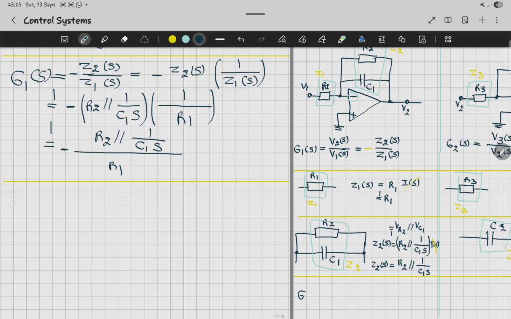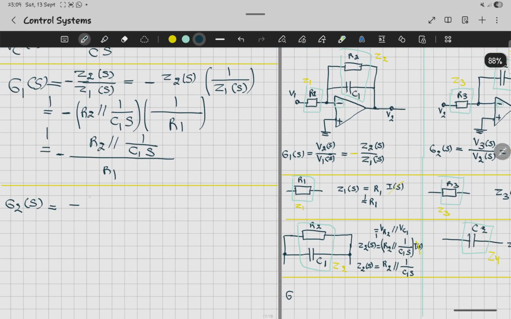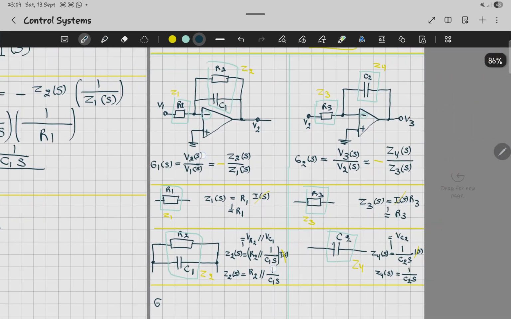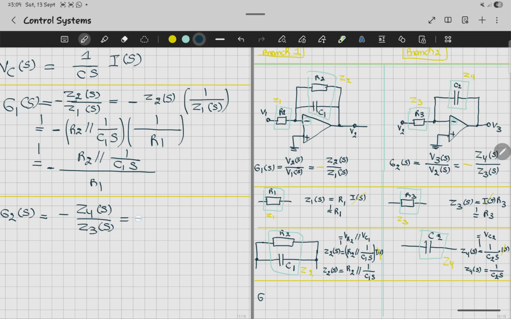J2 is going to be negative, the formula that we use there, Z4(S) over Z3(S). That's the formula that we have highlighted. So it's going to be negative Z4(S) times 1 over Z3(S).